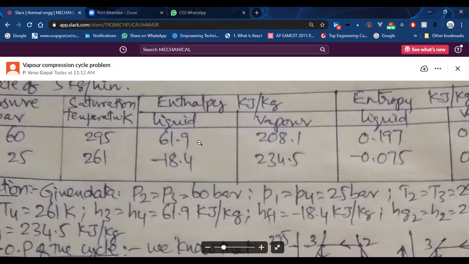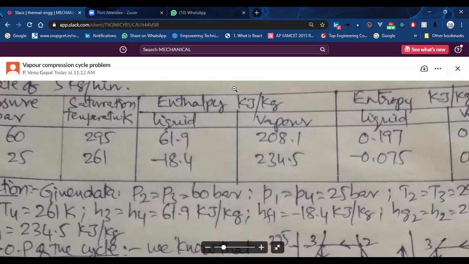It is 61.9. Whenever he says liquid, it has to be hf. The enthalpy symbol is h, but if it is liquid, it will be hf. Similarly, if it is vapor, it will be hg.